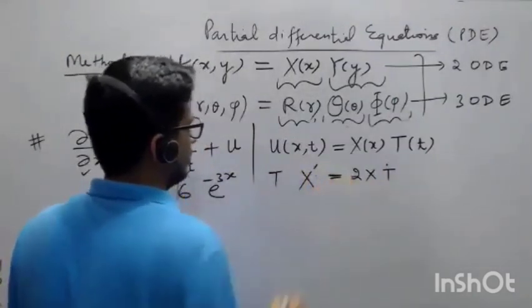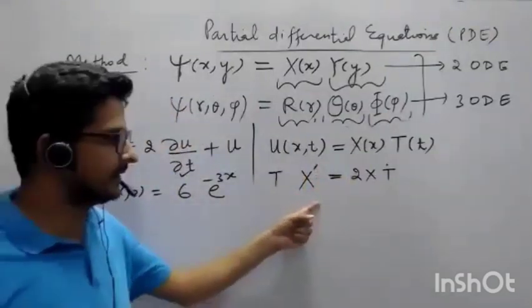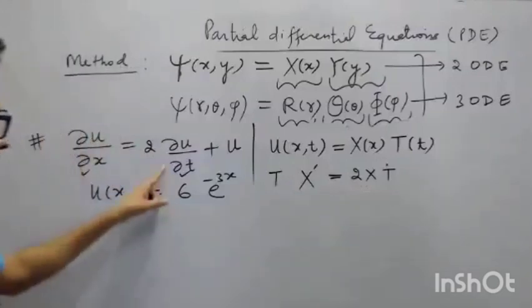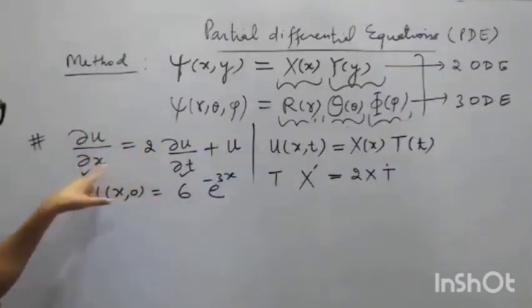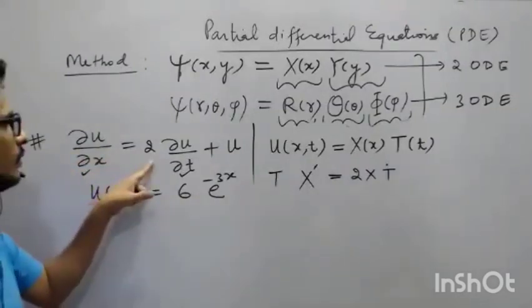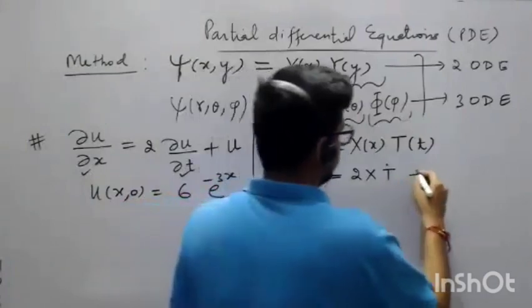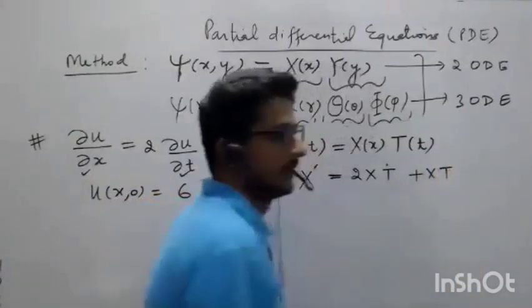Okay, so dash I will be writing for the derivative with respect to x and dot I will be writing for the derivative with respect to t. So it will become t times x dash is equal to 2 times capital X t dot plus xt.